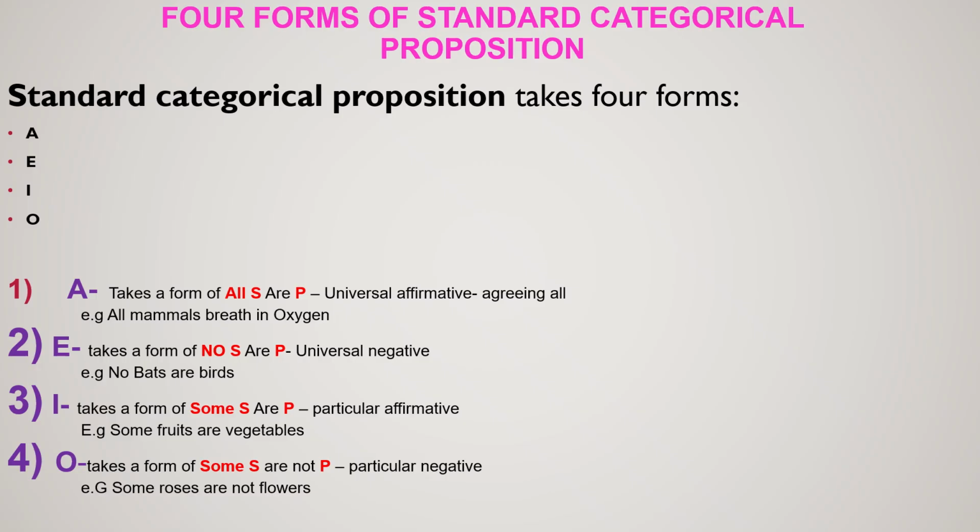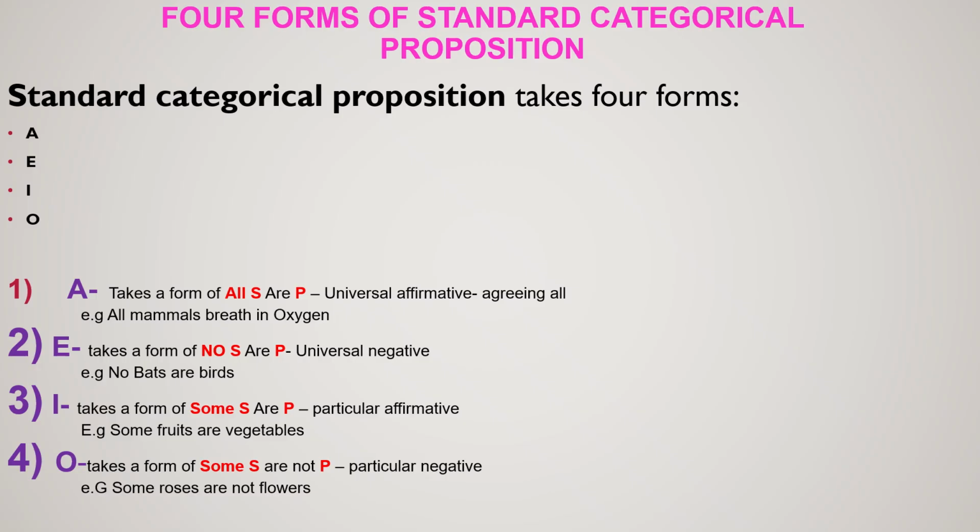For example, when you say no birds are fish, you have not left any birds out and you are counter-arguing that they are fish. So "No birds are fish" takes the form of "No S are P," and they are called universal negative. It is the opposite of A, which is universal affirmative, where you are agreeing.